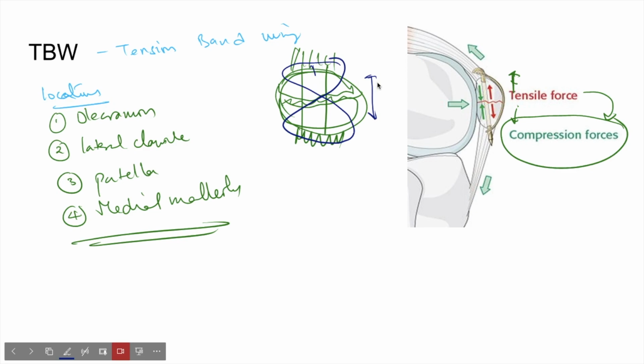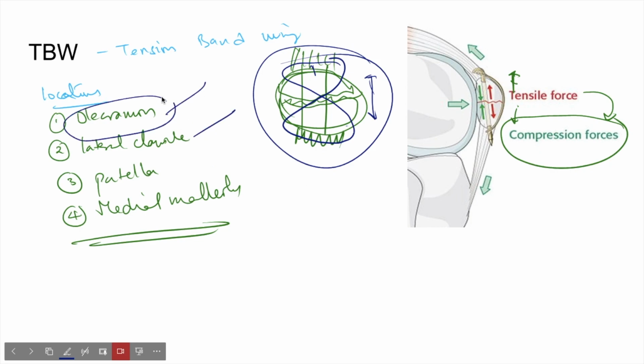Quadriceps will try to pull this, but that tensile force is converted into compression force because of this type of construct. This is very useful in olecranon fractures and lateral clavicle fractures, because in the olecranon the triceps tends to pull the fragment proximally, and that is converted to compression force, and the patient can be mobilized at an earlier date. Because of this compression, the fracture may also heal by primary intention.